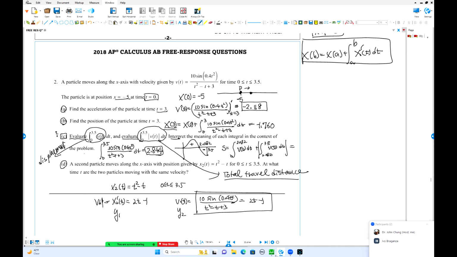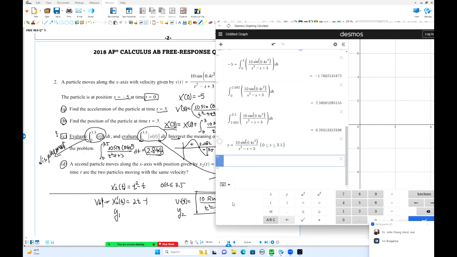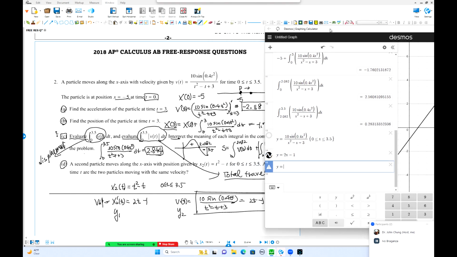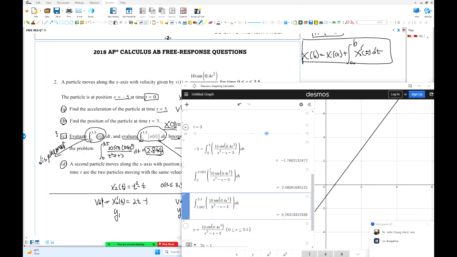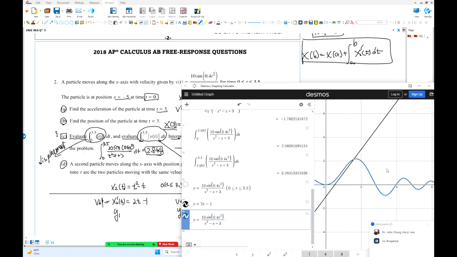Now, draw the graph over here. First one is y equals 2t minus 1, 2x minus 1, because we gotta use x, right? Second one is y equals 10 sine t, right? We already have this one over here. Okay, this is the second. This is it, right? We have 2.